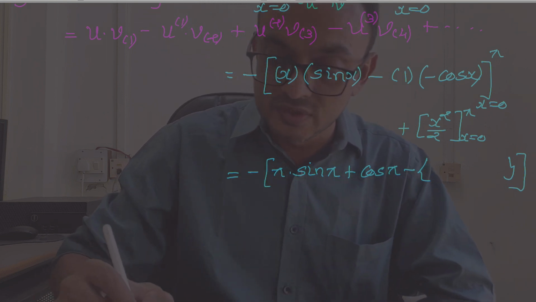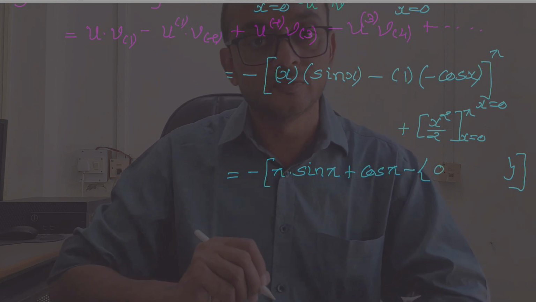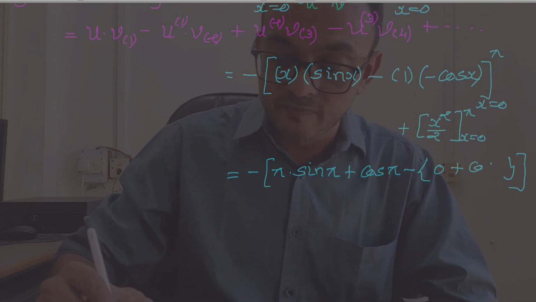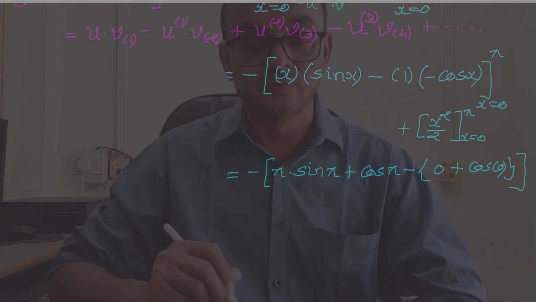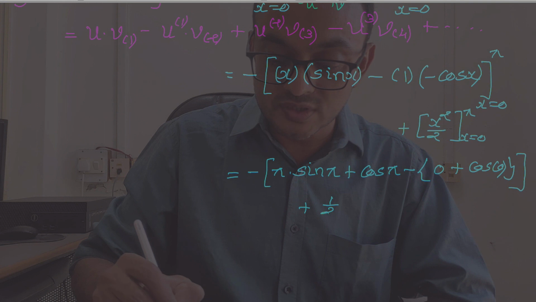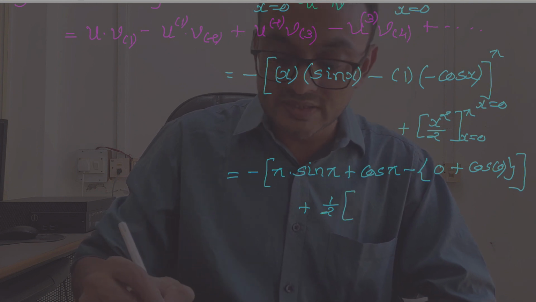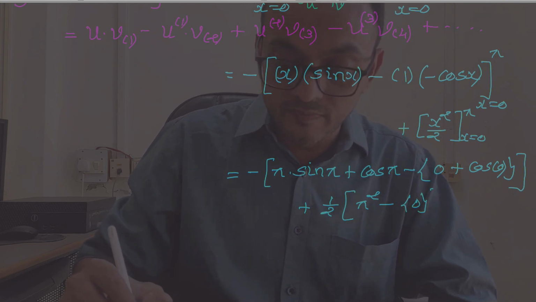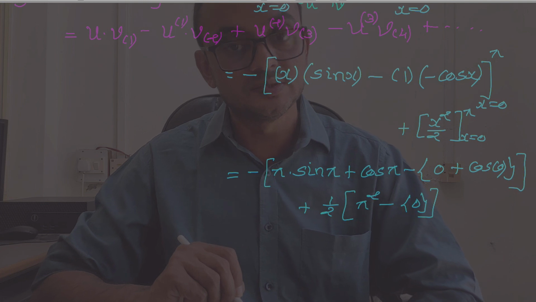When x is equal to 0, 0 into sine 0, which is 0, plus 1 into cos 0. So this is cos 0. For the second integral, 1 upon 2 is the constant. When x is equal to pi, this is pi square. Minus sign for lower limit. When x is equal to 0, then 0 square is 0.